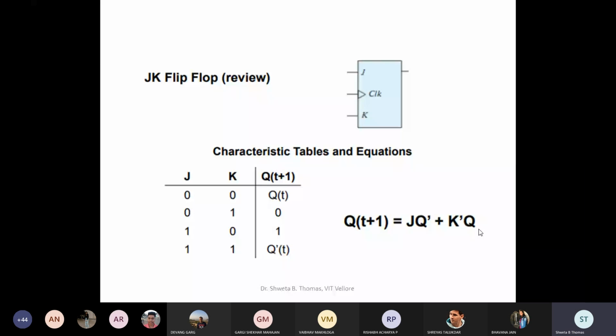But if you write the equation for Q(t+1), then it will be easy for you to analyze the circuit. Otherwise, all the times you can check the values. What is the value of J? If both are 0, 0, what will be the output? If both are 1, 1. In that way, but it will consume more time. So that's why if you can write the equation for Q(t+1), that will be much better.